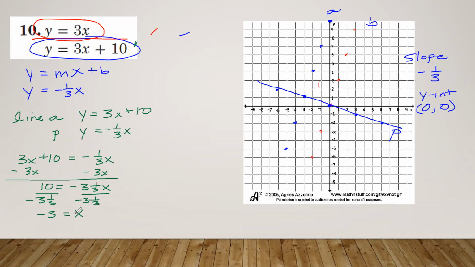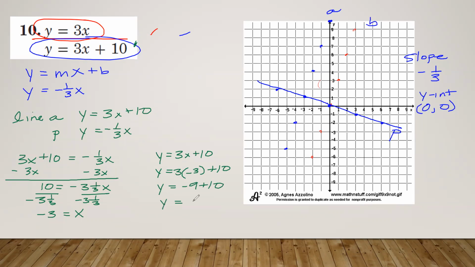So now I know x, I have one of my coordinates, I need y, so I'm going to plug x back into the equation y equals 3x plus 10. So for x, I'm going to put negative 3 plus 10. So this is y equals negative 9 plus 10.